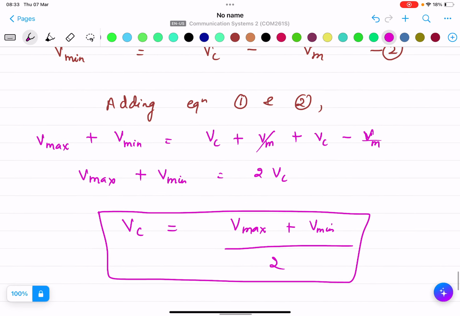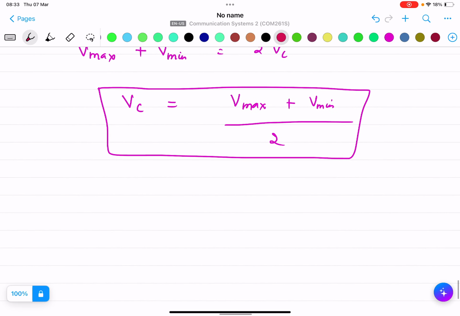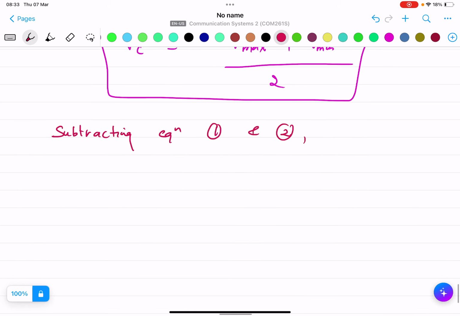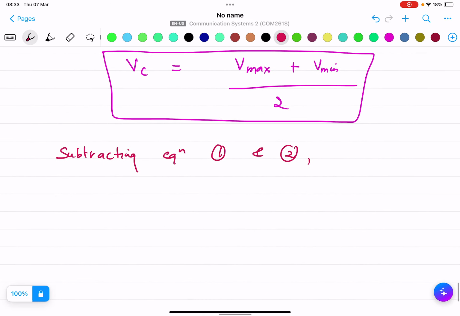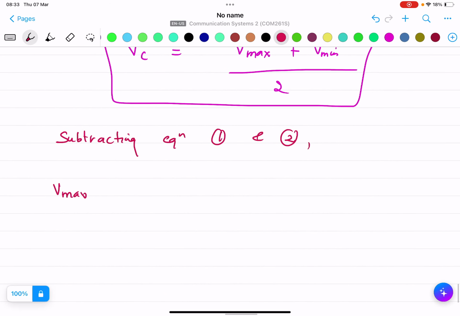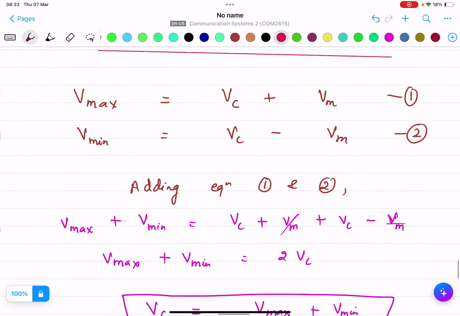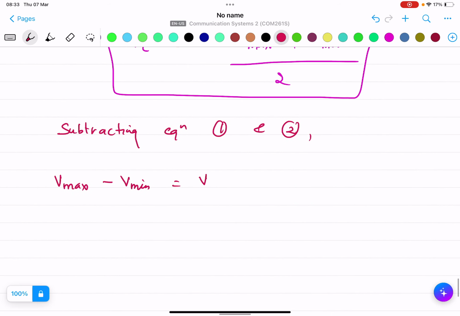Now subtracting equation 1 and 2, we will get Vmax minus Vmin equals to Vc plus Vm minus Vc plus Vm.